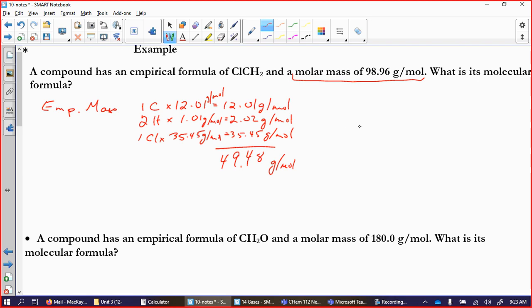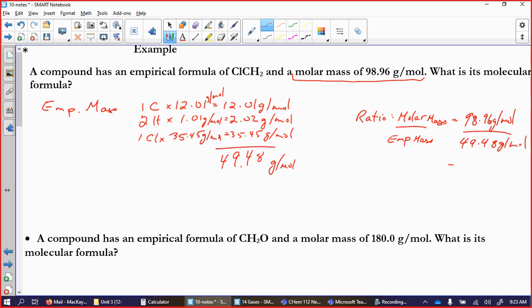Now we're going to calculate a ratio. How many times do we need this to get that? So the ratio is the molar mass over the empirical mass. You have to have the molar mass to do this. 98.96 grams per mole over 49.48 grams per mole.